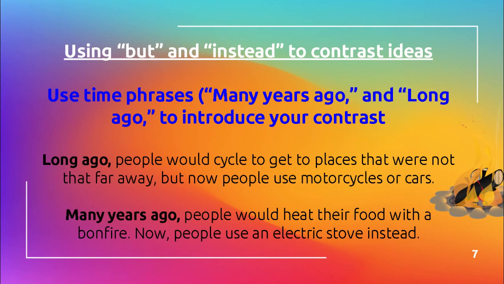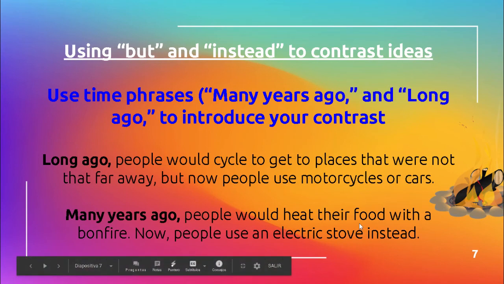We're also using some time phrases, many years ago and long ago, to introduce, and you can use them to introduce your contrast. For example, long ago, people would cycle to get to places that were not that far away, but now people use motorcycles or cars, right?